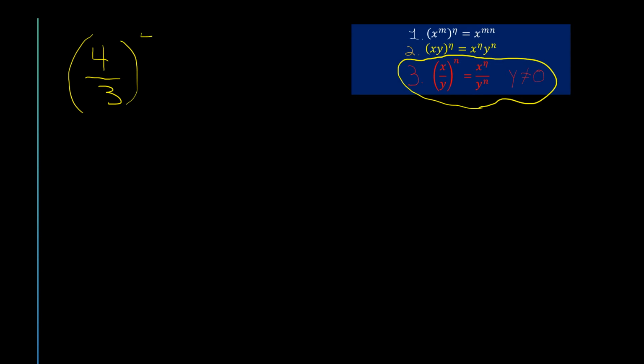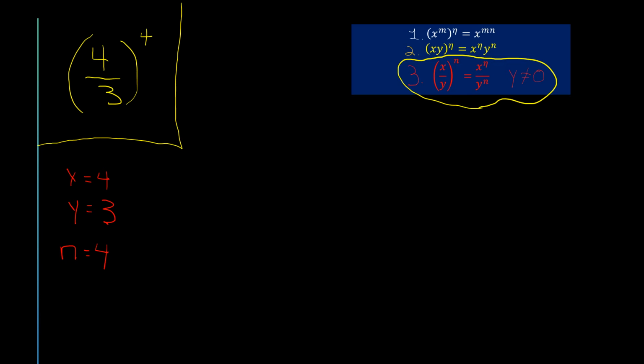Now, as you can see from the rule over here, as a matter of fact, let's go ahead and label everything, just like how we see it in the rule. Exactly how we see it. Let's do it in a different color. So we'll say that x is equal to 4, y is equal to 3, and n is equal to 4.